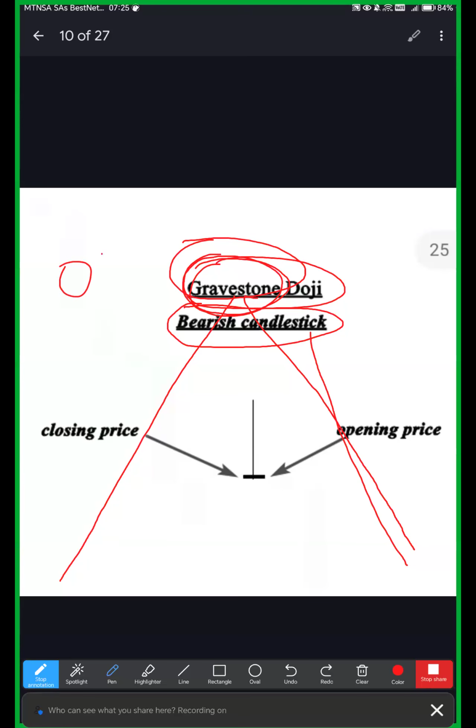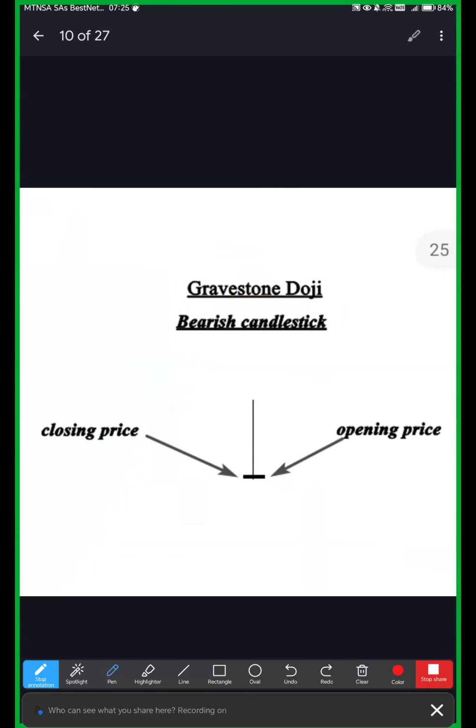Open high. Do you remember? I was using the words open high in the dragonfly doji. But now in the gravestone doji, I'm saying open what? Open close. Here, down here.